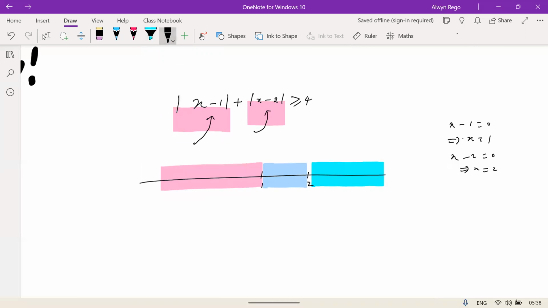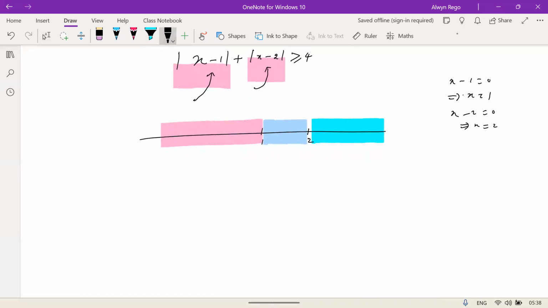So you find that if your x belongs to negative infinity to 1 here, you will find that modulus of x minus 1 is negative of x minus 1.